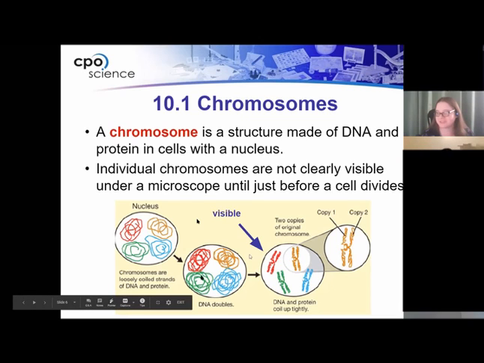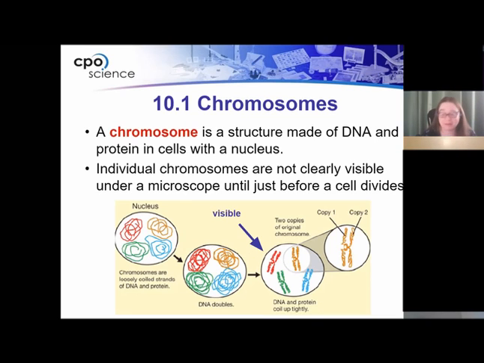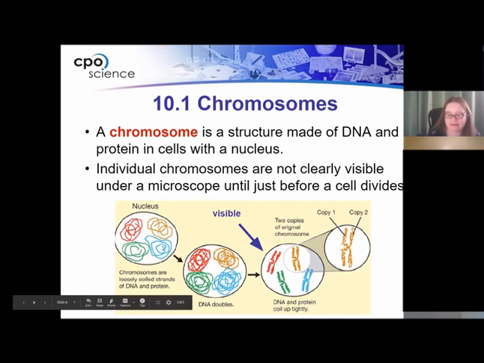All right, so after it doubles, the cell cycle. After the DNA is doubled, it organizes into chromosomes, X shapes, into chromosomes and chromatid pairs.